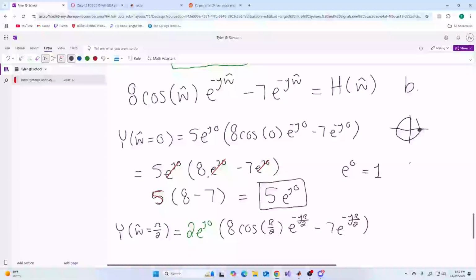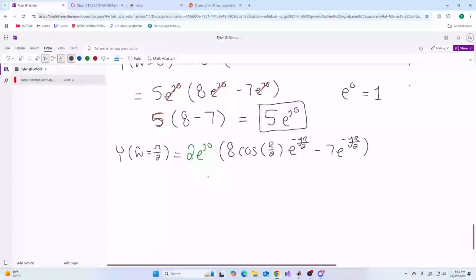Well, the cosine of pi divided by 2 is 0. And 0 multiplied by anything is 0, so this here is going to go away. So I'm just going to rewrite this. So equals 2e^j0 times negative 7 e to the power of negative j pi divided by 2.